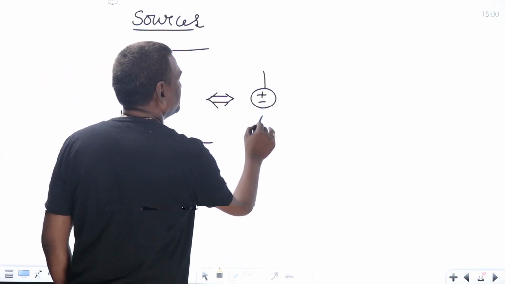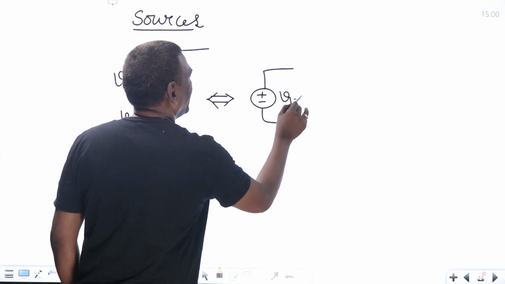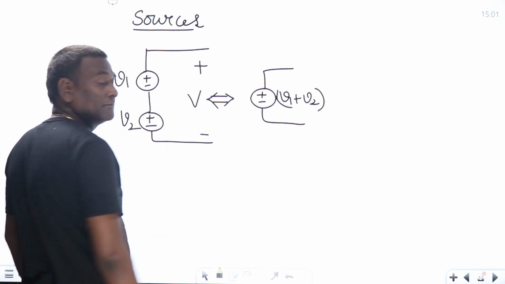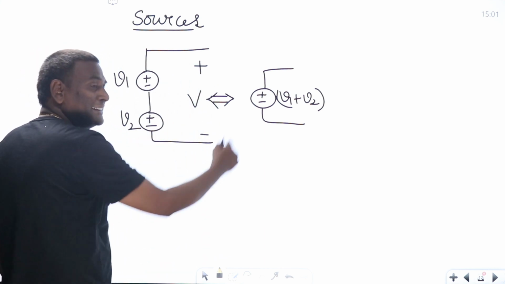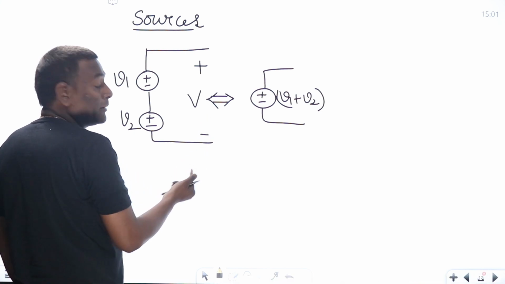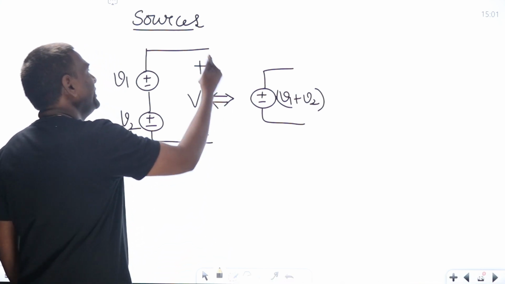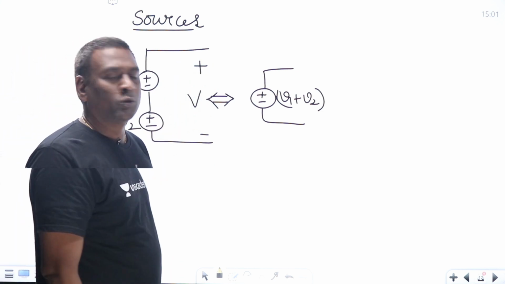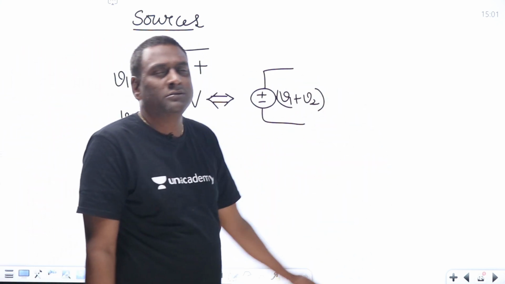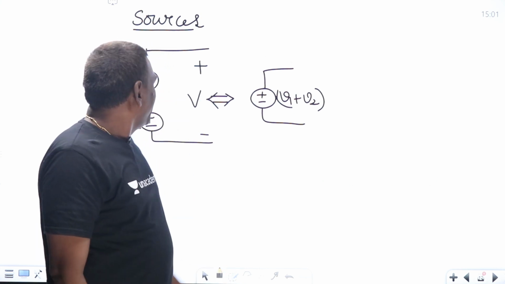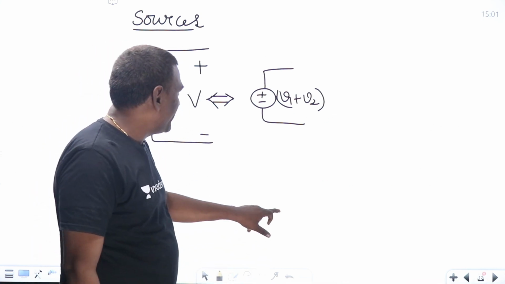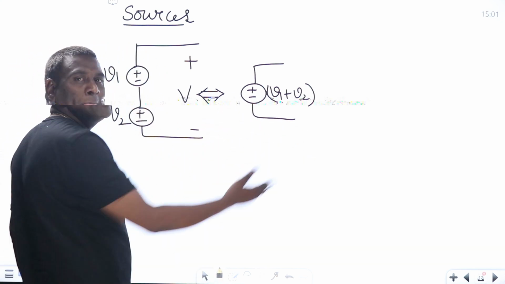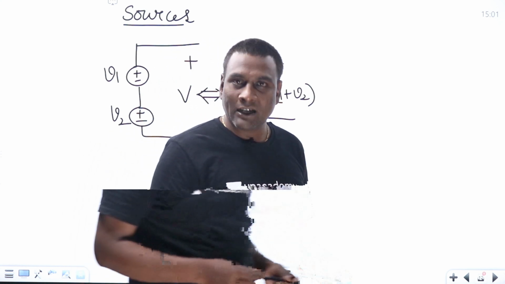Just apply KVL. This is V. If I apply KVL in this direction, I touch minus first: minus V plus V1 plus V2 equal to 0, such that V is going to be V1 plus V2. Same V should be there here. That is simple. If I interchange the polarities, then it is going to be V1 minus V2. We need not bother about that much.